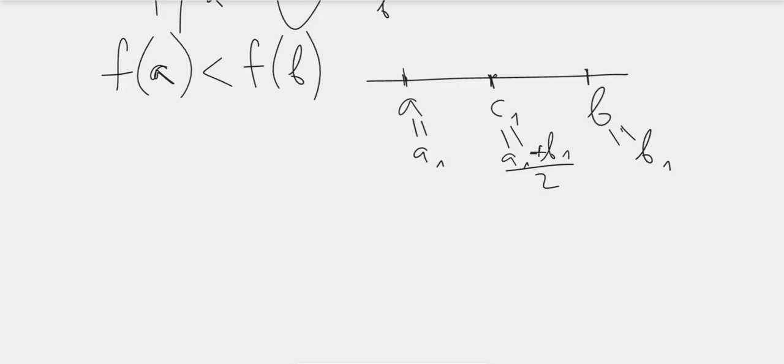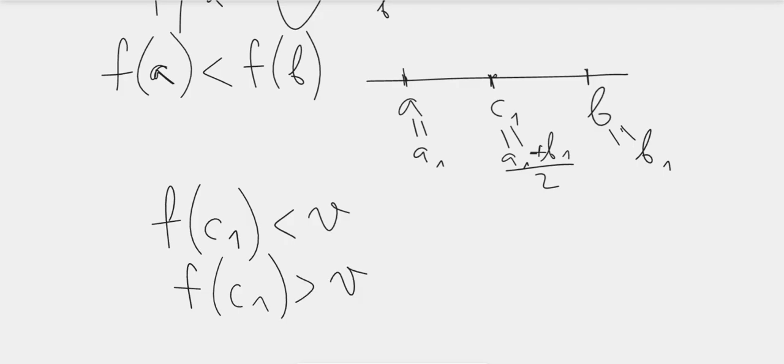So there are two possibilities. Either f of c1 could be less than v, or it could be greater than v.